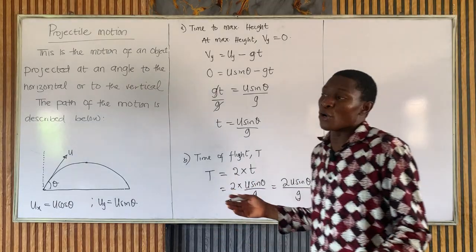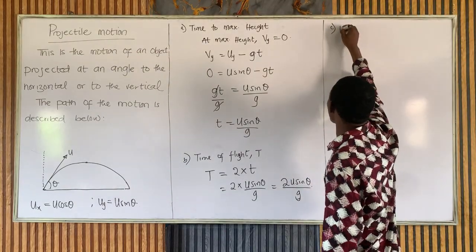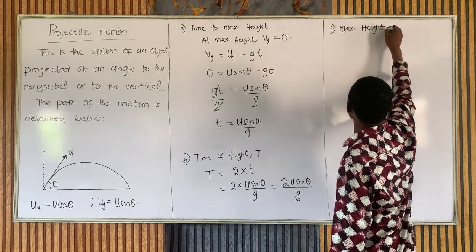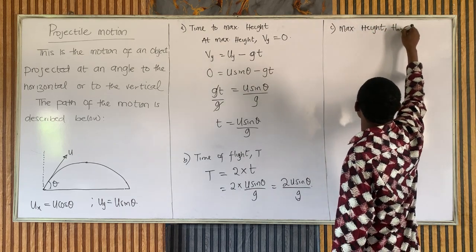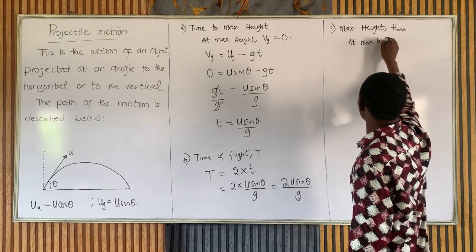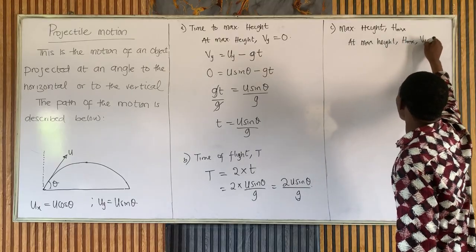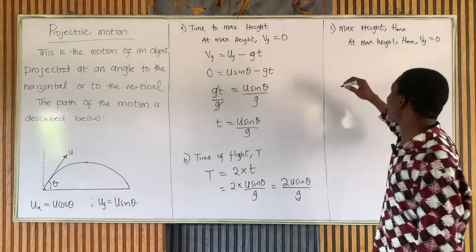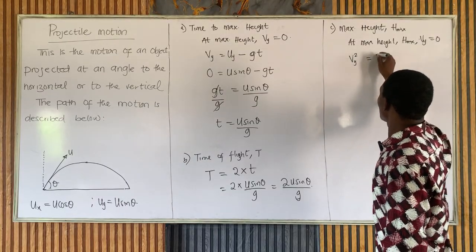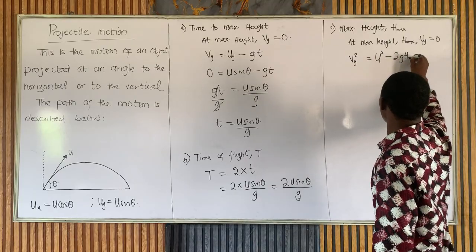We can go on and on. Lastly, I just want to get this. I don't want to do the range, but let's talk about maximum height, H max. Already we know at max height, Vy is 0. And so we can say that V squared equals U squared minus 2gH max.